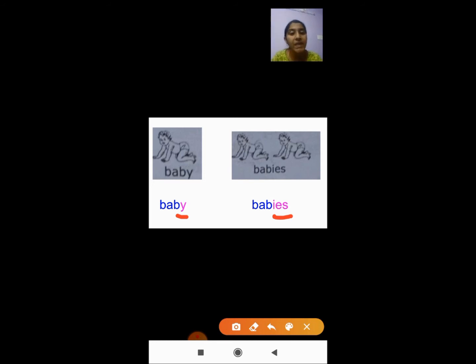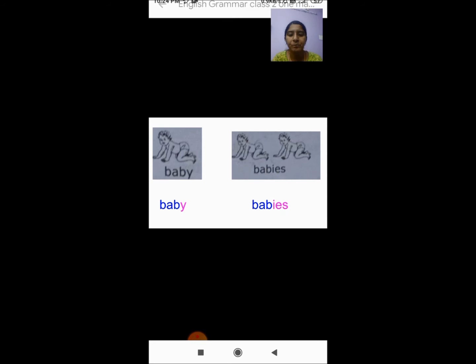Baby means babies, we will say. If you see F, we are going to remove the F and change it to VES. Similarly, when you see Y at the last of the word, we are going to remove the Y, cut the Y, and write IES. Baby, babies.